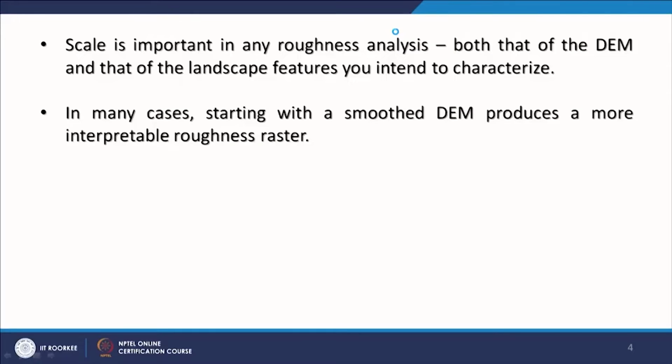As you know, in many cases we start with a smoothed DEM, like a best fit line in linear or 2D, or in the case of the topographic profile we have just discussed. A smoothed DEM produces a more interpretable roughness raster.